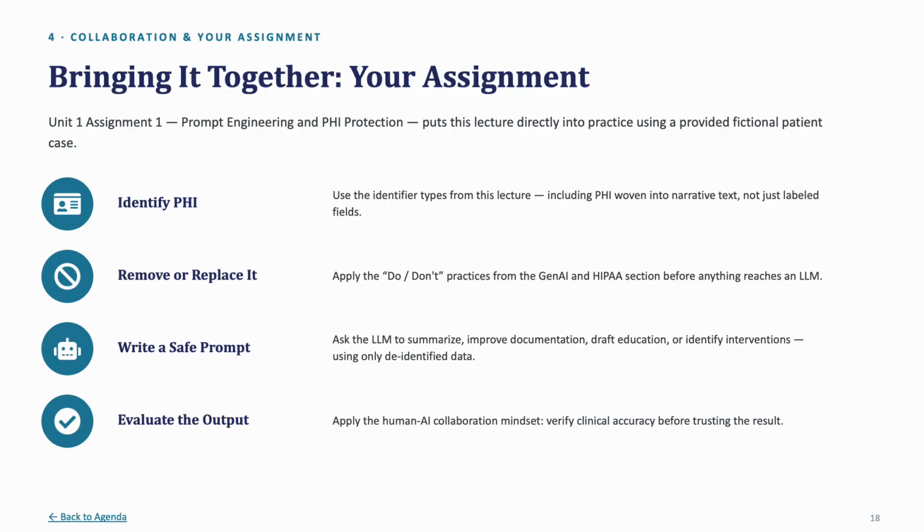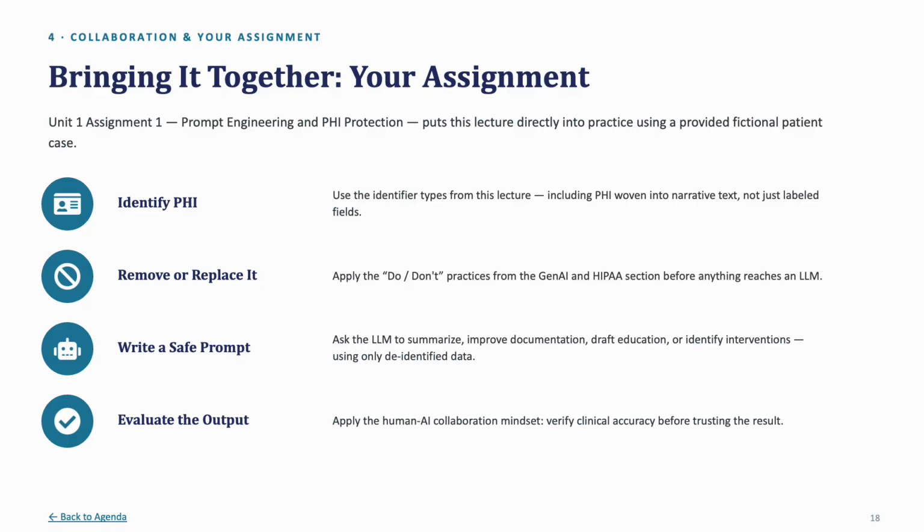Here's how this lecture maps directly into your assignment. You'll identify PHI in a provided fictional patient case, or one of your own if you have it, including the kind that's woven into narrative text rather than sitting in a labeled field. You'll remove or replace it using the do's and don'ts we just covered.